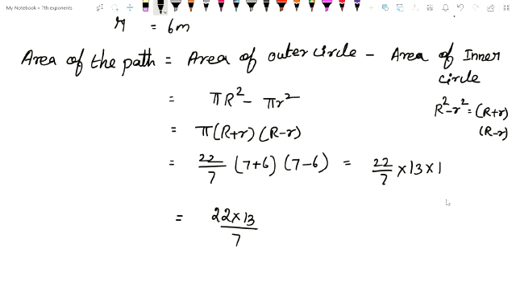Now multiply 22 into 13. 3 twos are 6, 3 twos are 6, 1 two is 2, 1 two is 2. 6, 8, 2.